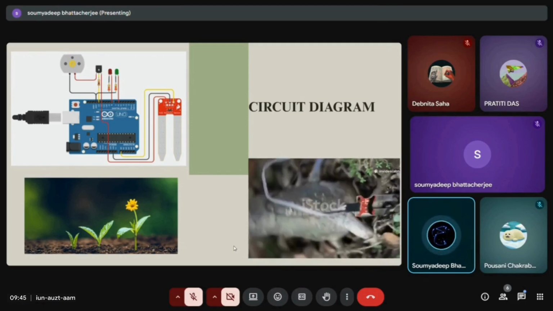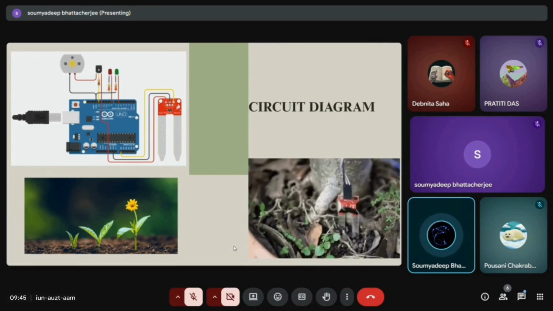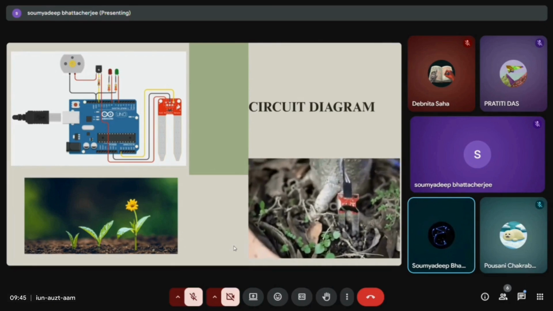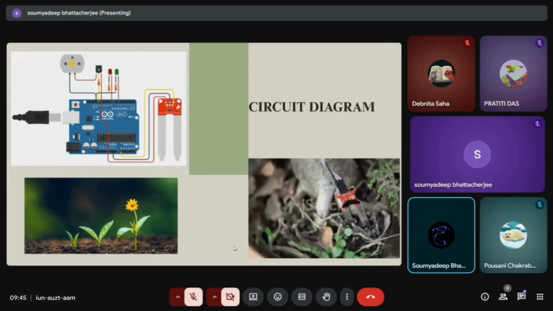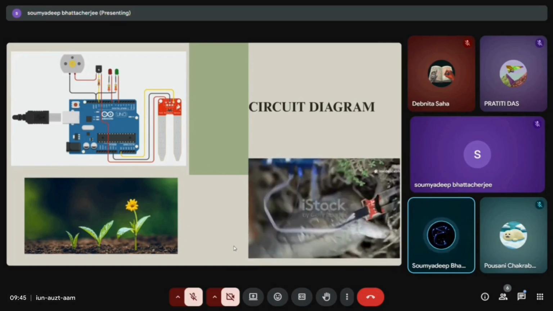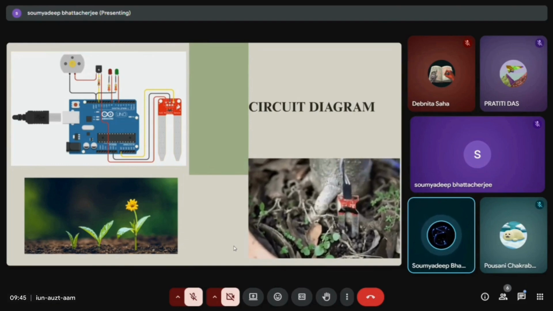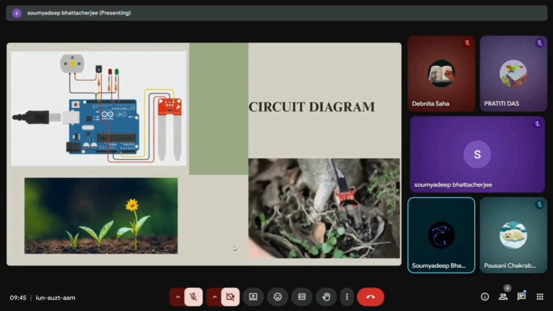Finally, we have the LED indicator. This is connected to another digital output pin, often wired in parallel to the pump signal. The primary function of the LED is feedback. In a real world application, the user needs to know whether the system is active or not. When the LED lights up, it confirms that the pump is currently running.